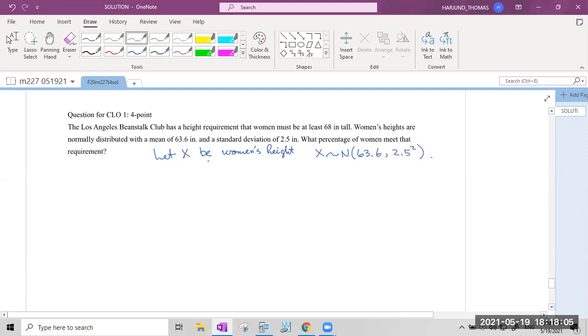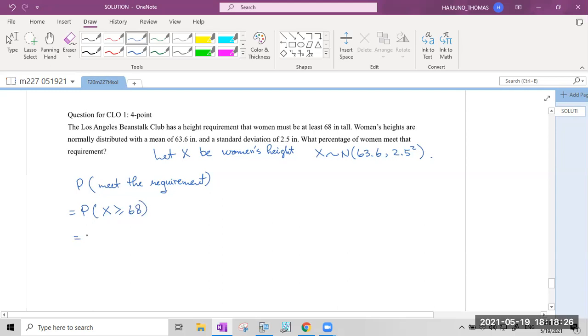What percentage of women meet the requirement? That is the probability that the height is at least 68.